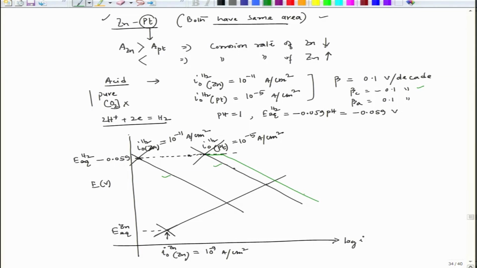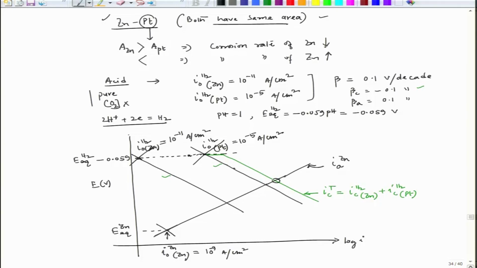So, the green line is IC total equal to IC hydrogen evolution over zinc plus IC hydrogen over platinum, equal to IA zinc. Sorry, this line is this, and this particular line belongs to IA zinc.